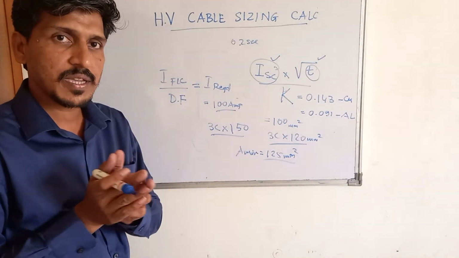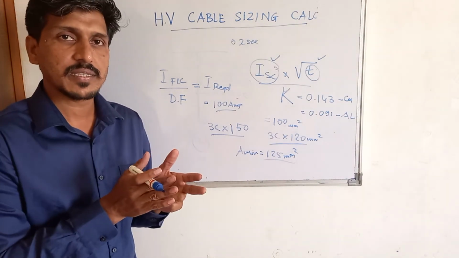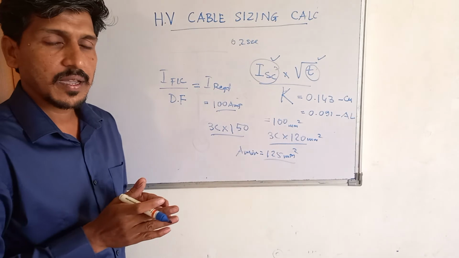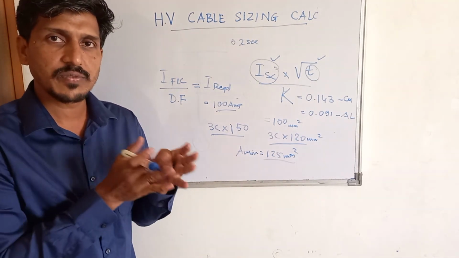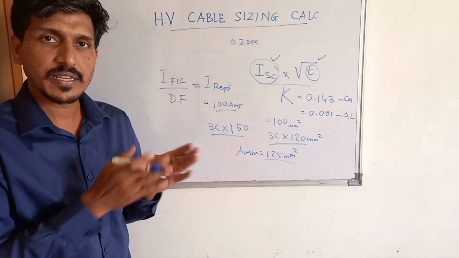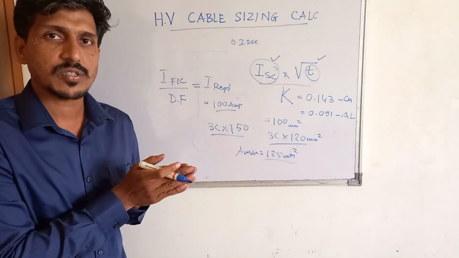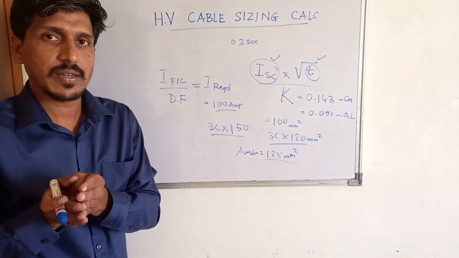Fault level plays the major role which makes the difference between HV sizing and LV sizing. Even in interviews, if you go anywhere, they will ask what is the difference between HV cable sizing and LV cable sizing. You can tell them that in HV cable sizing we have to calculate the minimum cross-sectional area of the cable based on the fault level value.